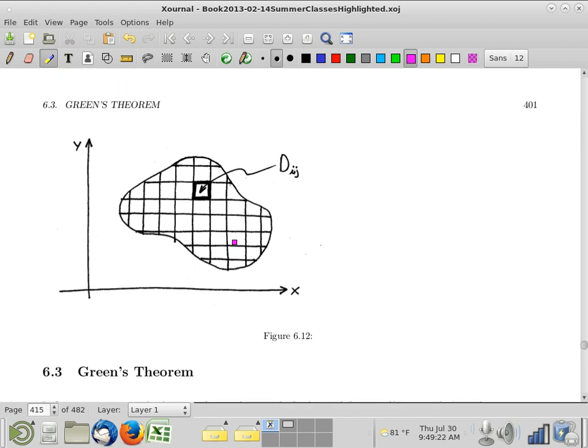Green's theorem is kind of a two-dimensional version of the previous theorems that we've talked about. Now, let me remind you what we've done so far. We revisited the fundamental theorem of calculus. Change accumulates over the interior of an interval. Then we've now done two extensions of that.